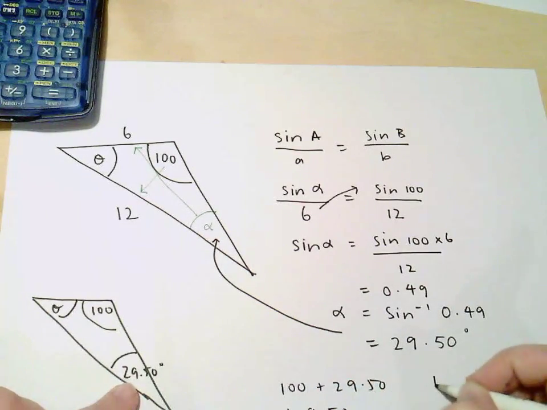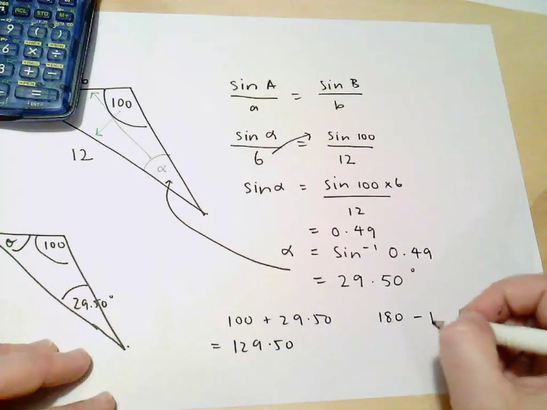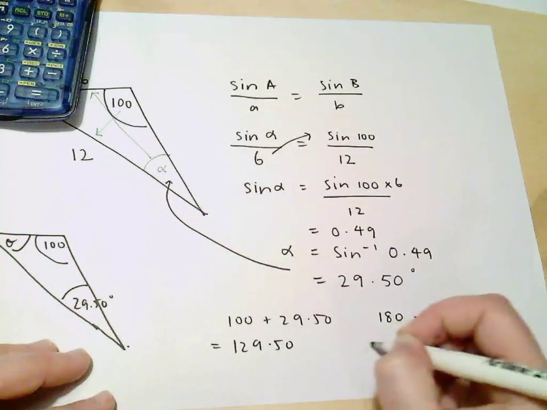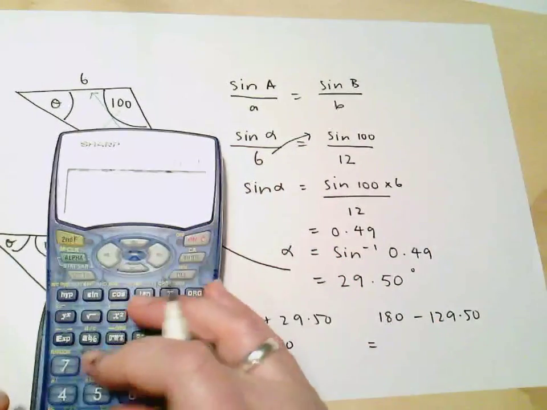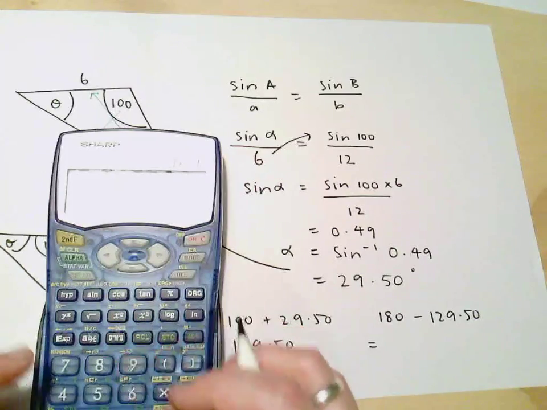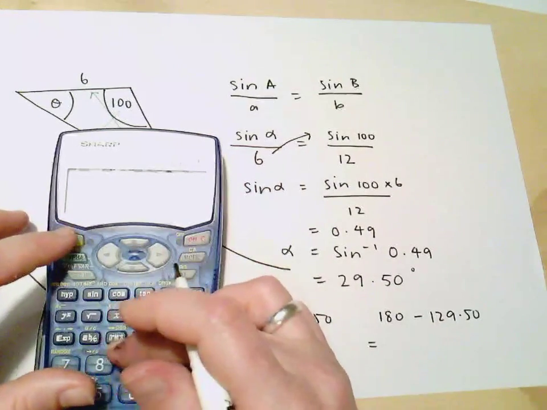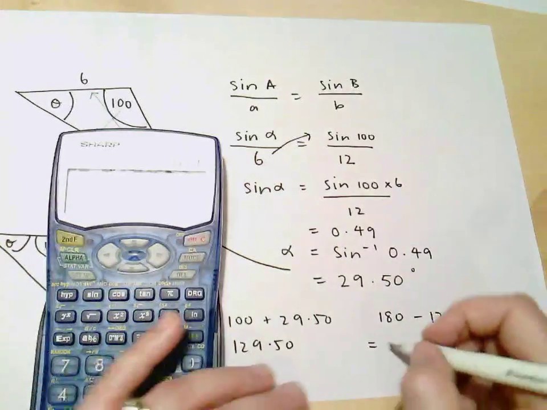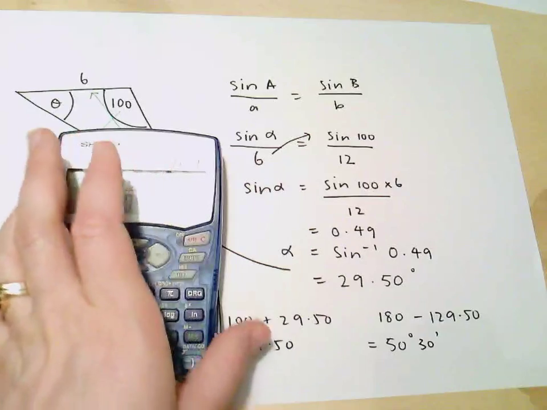So I'm going to take that away from 180 to get what theta must have been. You can see that there's not an absolute recipe to follow with some of these. You've got to be a little bit flexible with your knowledge. So this, if I write it in degrees and minutes, is 50 degrees and 30 minutes.